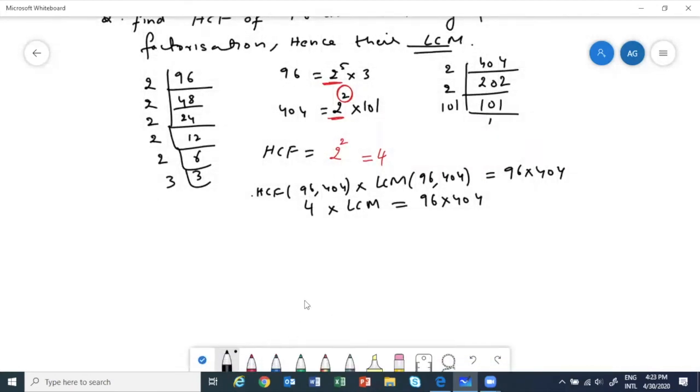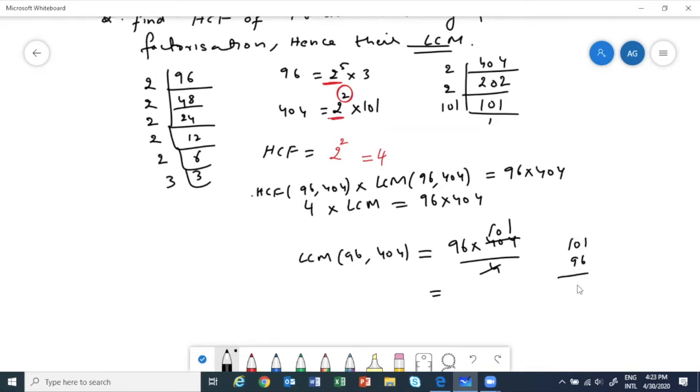So now easy, just solve it. So LCM will be equal to what? LCM of 96 and 404 is equal to 96 into 404 by 4. So this is going to be 101. Now you just multiply. 101 into 96 you do.